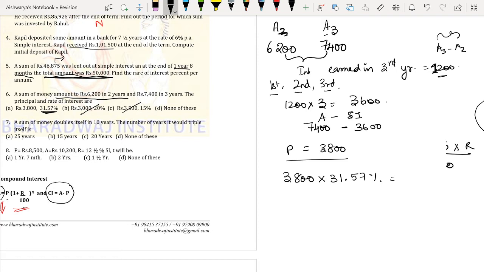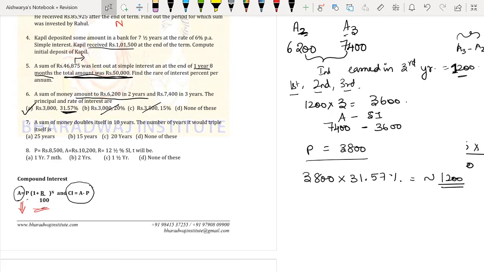Just check on your calculator. 1,199.66, which can be rounded to 1,200, which is the interest in the first year, correct? So the answer is option A. Are we clear? Next question, question number 7, Anirudh.